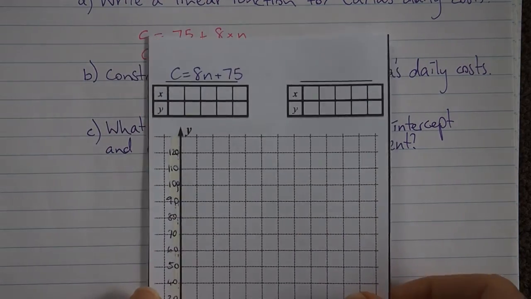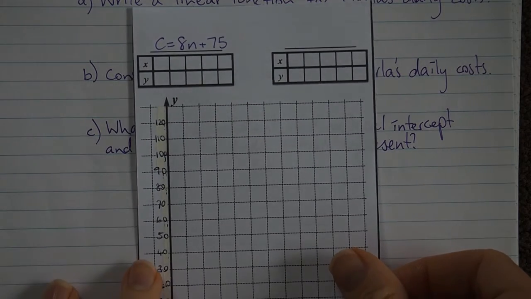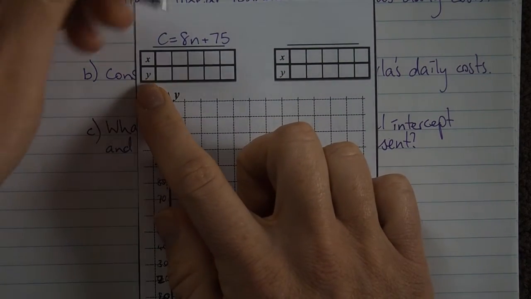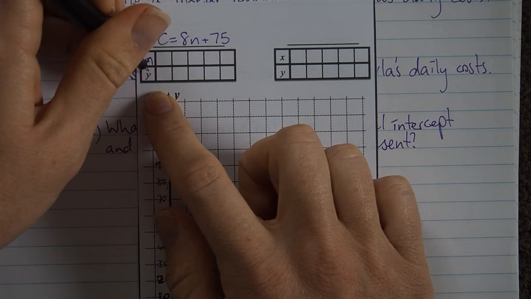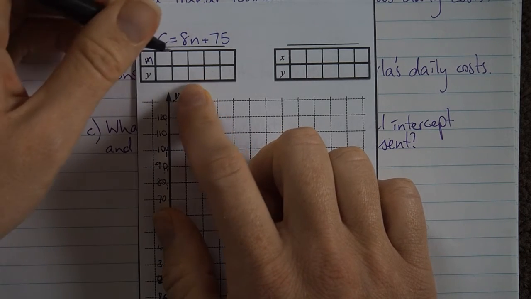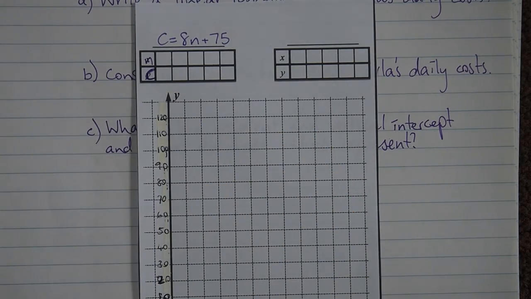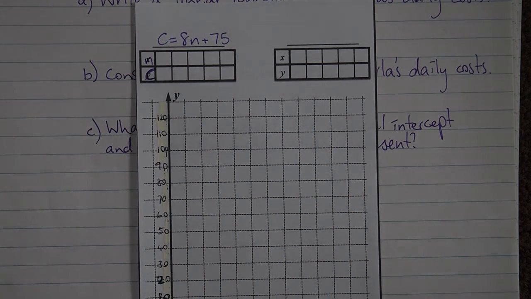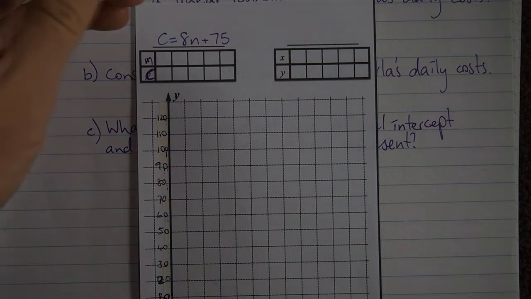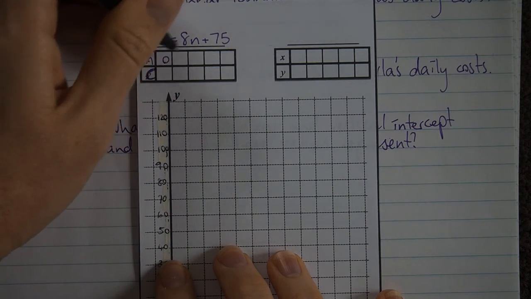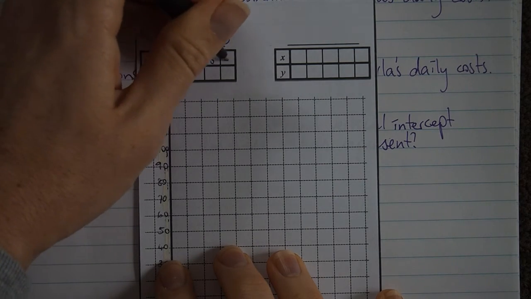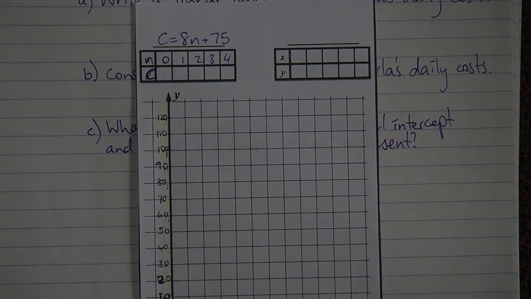Then I'm going to choose appropriate N values to represent the number of jobs, and instead of Y, we're going to have C, which is how much it costs her to do those jobs. She can't do a negative number of jobs, so I'm going to start at 0, 1, 2, 3, 4. Keep it really simple.